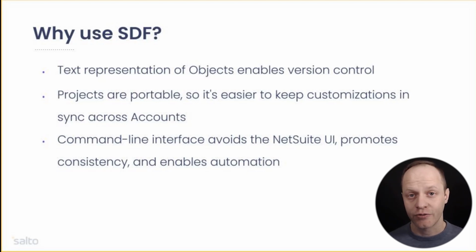Having this text representation enables faster and simpler collaboration, and it enables us to maintain multiple versions of our customizations. We can track their history over time as they change. We could always do these things with our source files. They were already text.